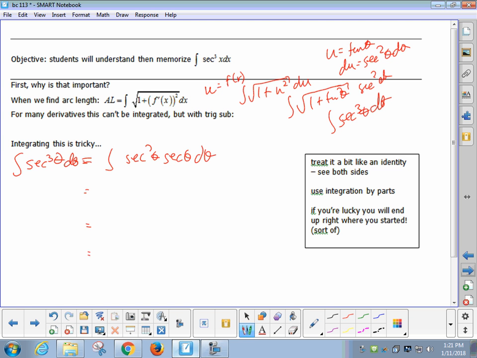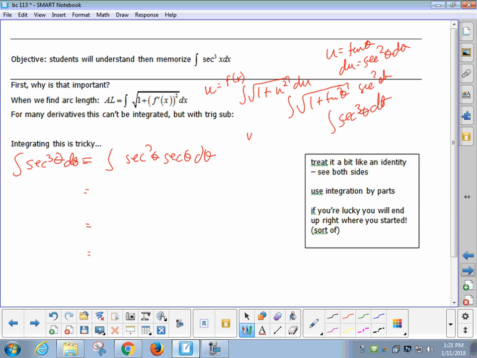No matter what you try after that identity-wise, it goes nowhere. So somebody along the line, with their eyes wide open, said, well, it also kind of feels like a product of two things where one's not the derivative of the other, and that's kind of a nice antiderivative I could do. You see it's a u-v problem. So if you see it as a u-v, that's the next step.